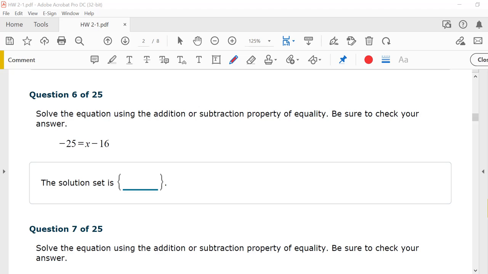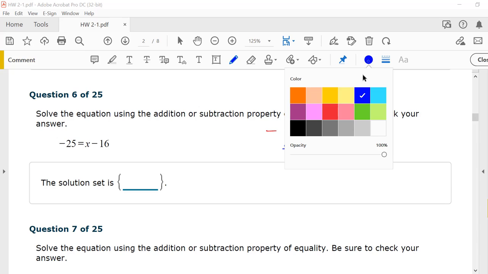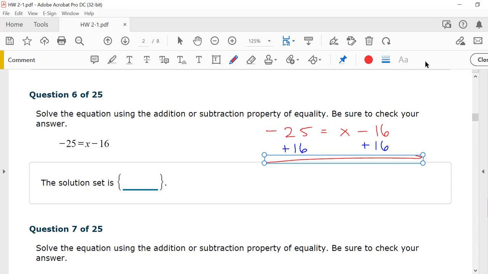More practice, go solve the equation. Negative 25 equals x minus 16. To get the x by itself on the right, I have x minus 16, so I need to add 16 to both sides. When I do that, minus 16 plus 16 is gone. All that remains on the right is the x.